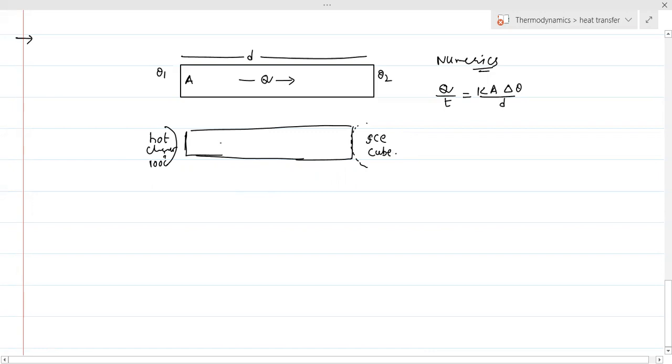Whenever the amount of heat shifted from the hot end to the cold end is used to melt the ice, we use mL.